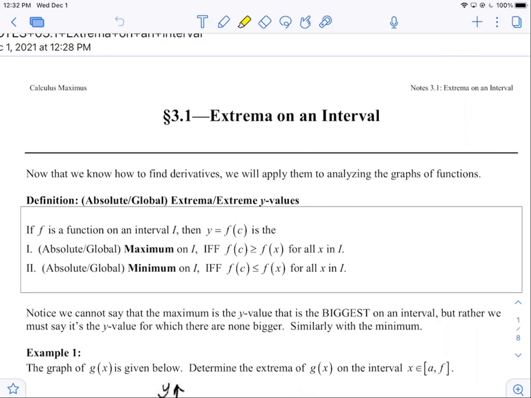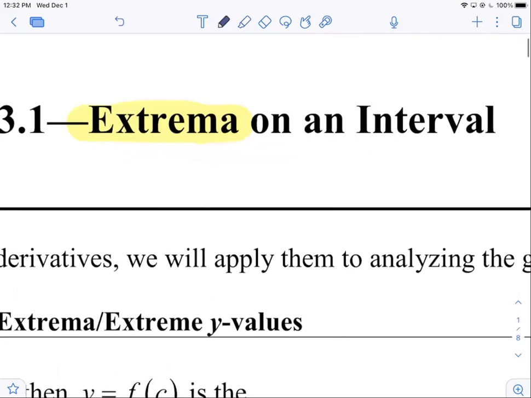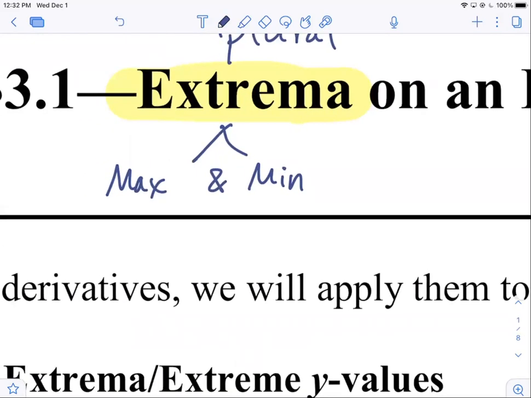So here before lunch, let's just quickly define extrema, because it's maybe a term you haven't heard before. Extrema is a math term. It's plural for maximum and minimum. When we say max and min, of course, that also means maximum y value and minimum y value.